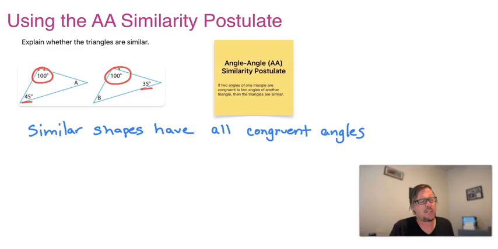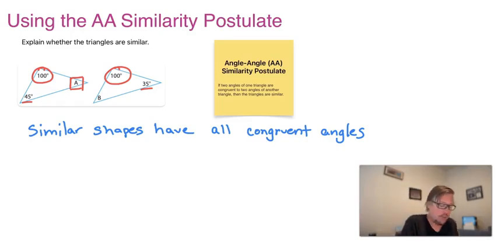So I need to figure out what one of those missing angles is, because if angle A, this angle right here, is equal to 35 degrees, then these triangles would be similar under the angle-angle similarity postulate. The first triangle would have angles of 100 degrees and 35 degrees, and the second triangle would also have angles of 100 degrees and 35 degrees.